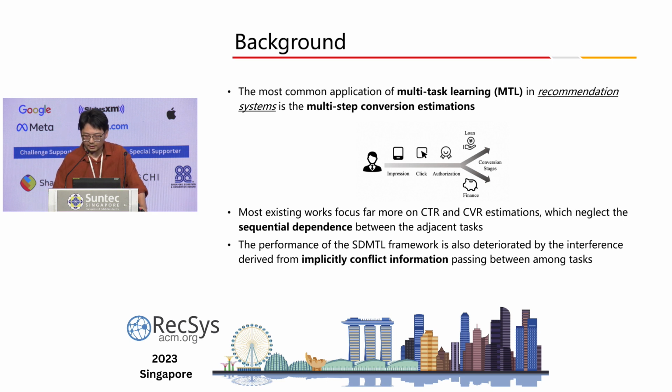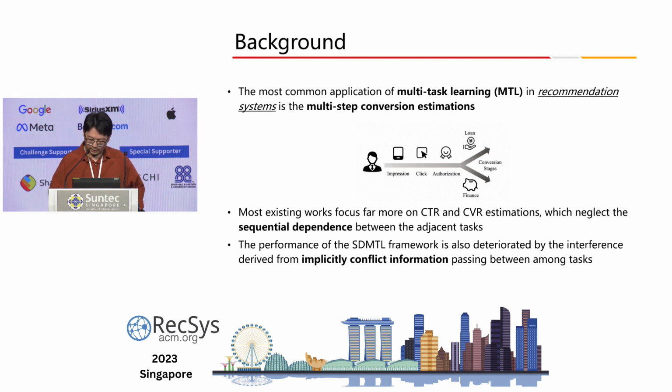The most common application of multitask learning in recommendation systems is multi-step conversion estimations in the display advertising, financial service, and so on. CTR, CVR, and CT-CVR estimations are a series of classical tasks with sequential dependence in the customer acquisition process.